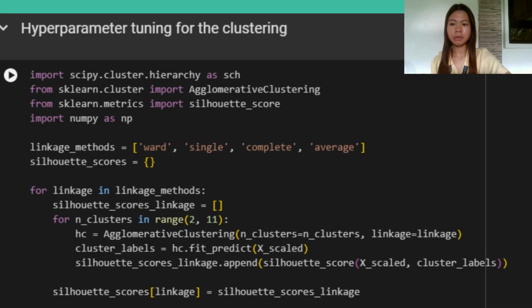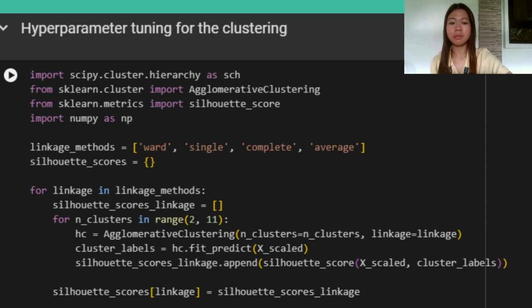So for the hyperparameter tuning for the clustering, we first import the needed libraries, and this will identify the best clustering method and the ideal number of clusters for the dataset. It tests the linkage methods ward, single, complete, and average, which determine how distances between clusters are calculated. For each method, it evaluates cluster groupings from 2 to 10 clusters using the silhouette score, a metric that measures how well separated and cohesive the clusters are.